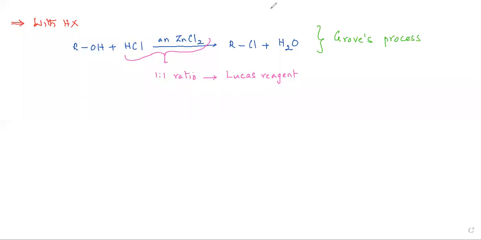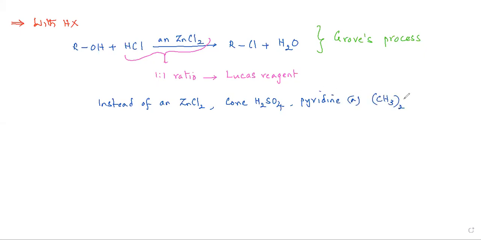Now, here in place of this anhydrous zinc chloride, which is in fact acting as a dehydrating agent, we can use concentrated sulfuric acid, pyridine, or even dimethylamine can be used.